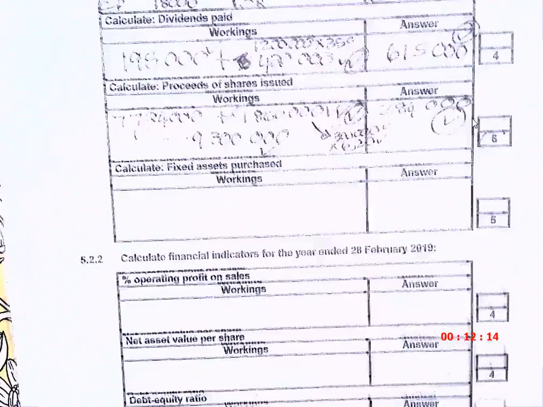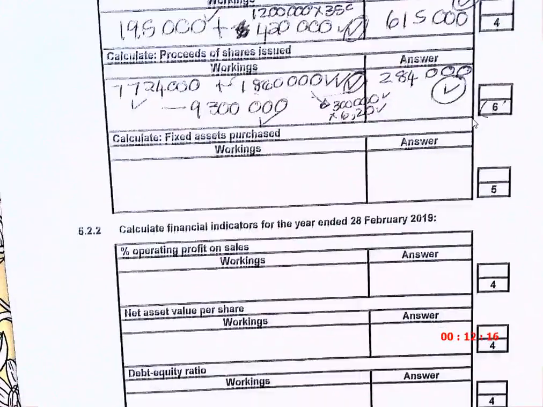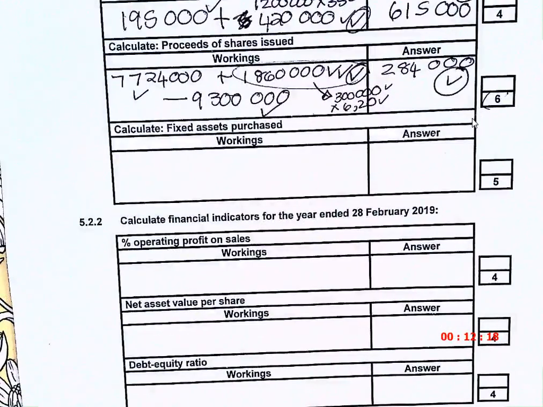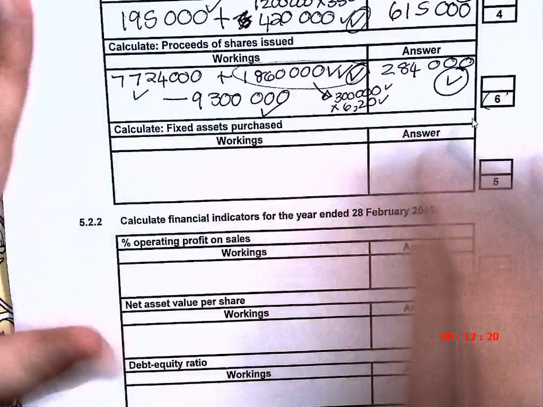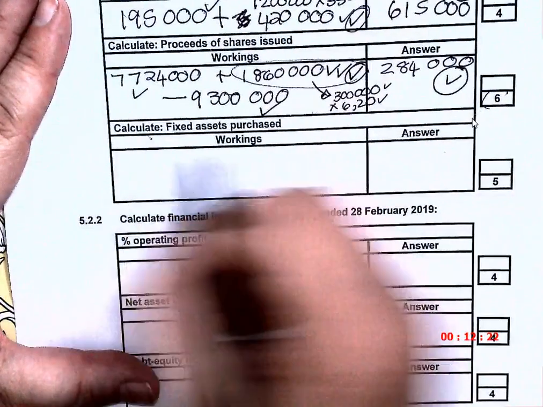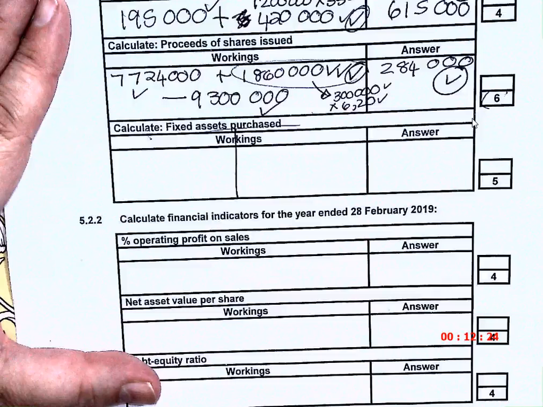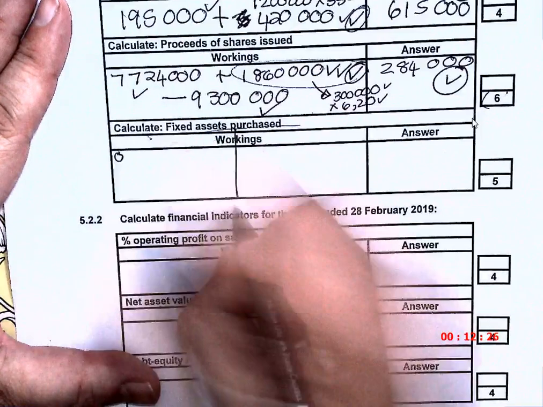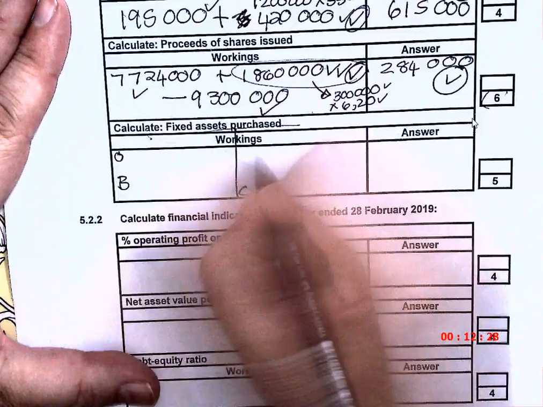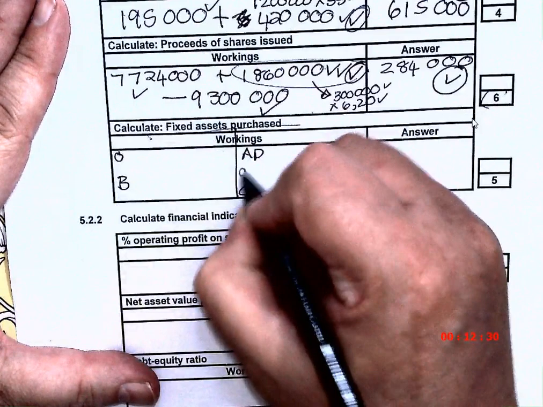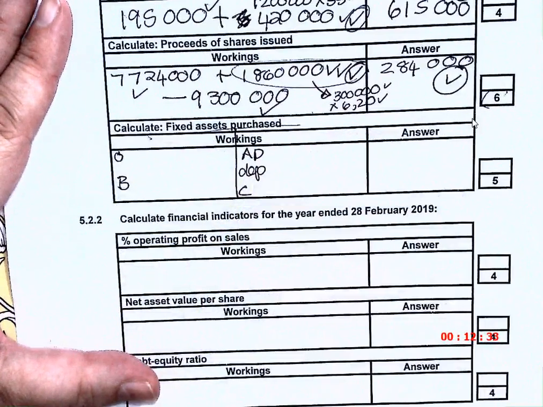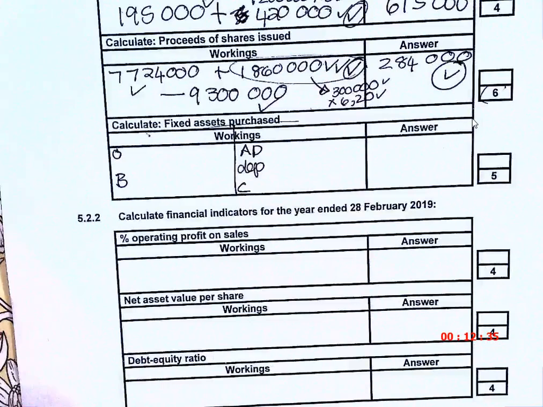Okay, so here we go. Fixed assets purchased, I draw a T, and you don't even have to write what it is because there they tell you it's fixed assets. So I have an opening, a closing, whatever I buy, an asset disposal, and because it's at carrying value, a depreciation. And I go look in the face of my balance sheet, and because it's on the face, I know this is carrying value.